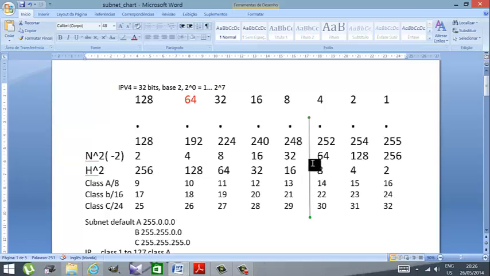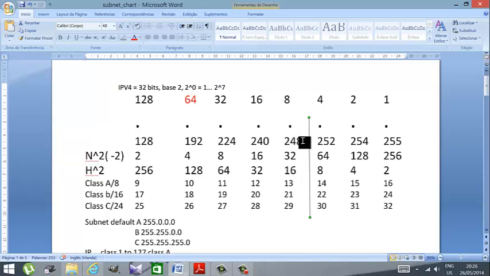And how many bits will we borrow to get 8 hosts? 1, 2, 3, 4. To occupy all the octets, we have to go 3 times actually, 3 times these 8 bits. So it's going to be 8, 16, 17, 18, 19, 20, 21 bits we're going to borrow.